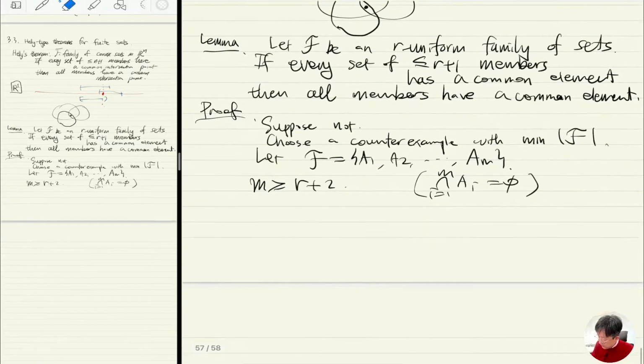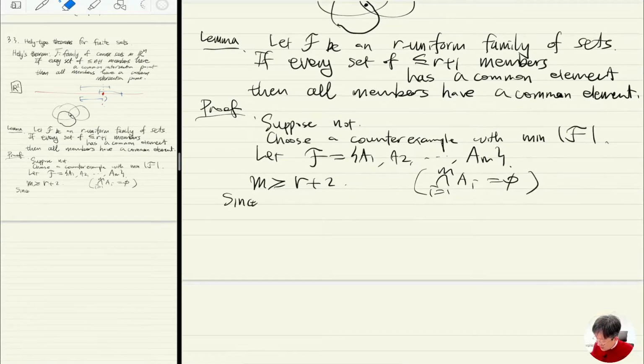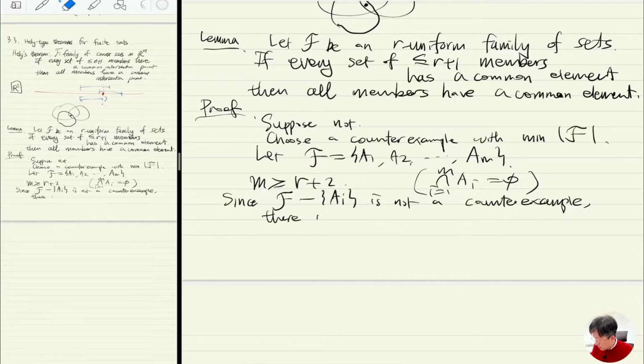Now what do we do? Since F minus Ai is not a counterexample, there is an element, let's say Bi, in the intersection of all others, right?